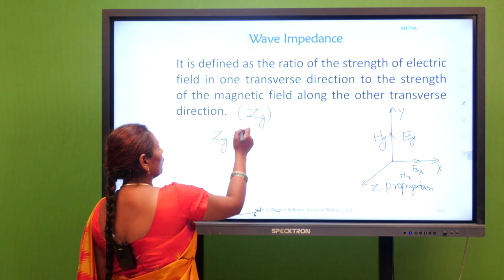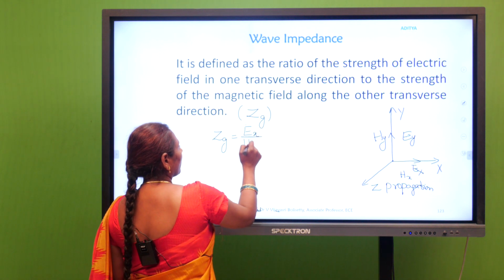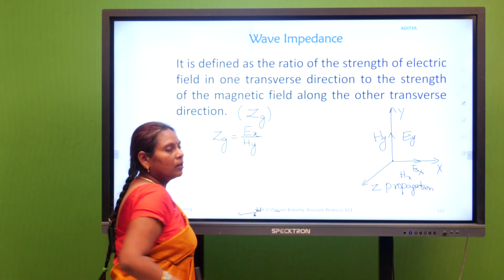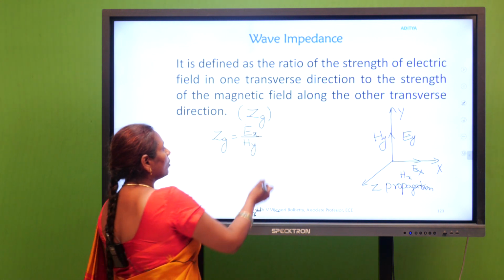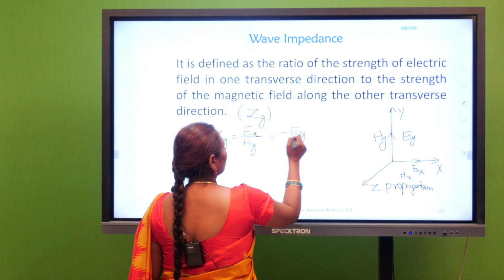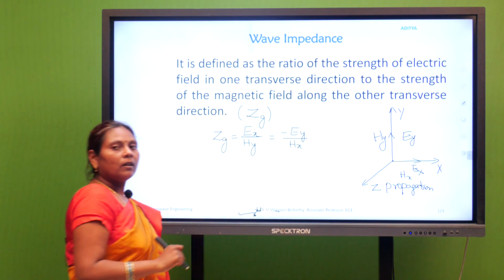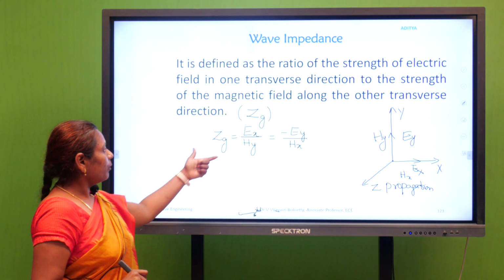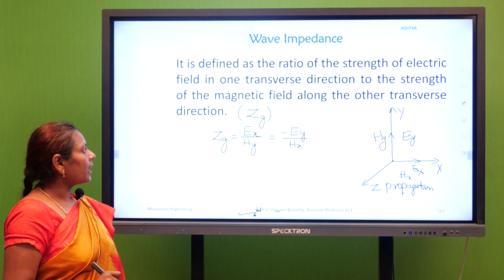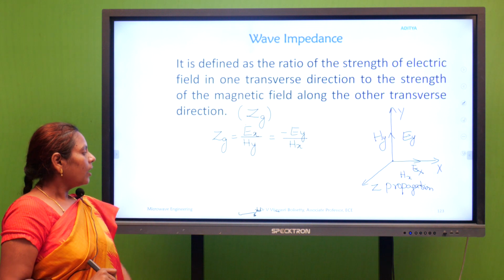So generally it is defined as Ex by Hy, okay, or we can also define it as minus Ey by Hx. Okay. So the wave impedance is defined as Ex by Hy or minus Ey by Hx.